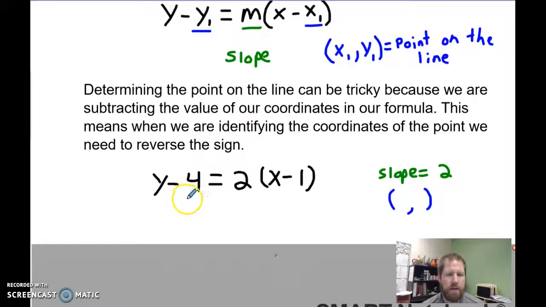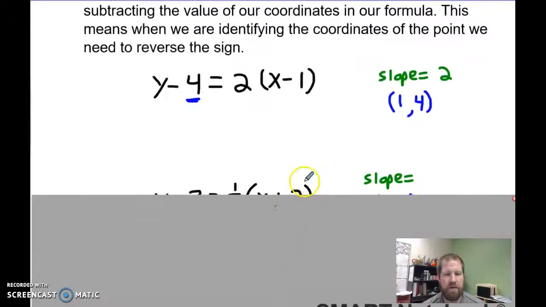So if I have 4 as my value, I have y minus 4. It's not a negative 4, it's a positive 4 that is my y value. And in this one, I have x minus 1. It's not negative 1, it's just a 1. That's my value. And I think that's pretty straightforward when we are subtracting those values.